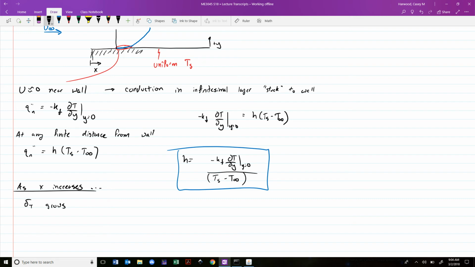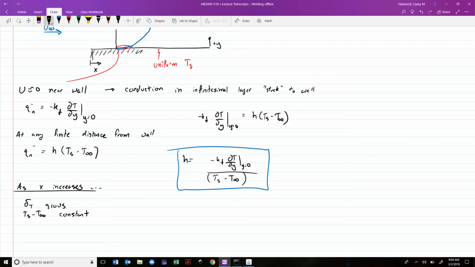What happens to this Ts minus T infinity? Nothing. We said at the beginning of the problem that we're going to assume both of those are uniform constant numbers. So Ts minus T infinity remains constant.